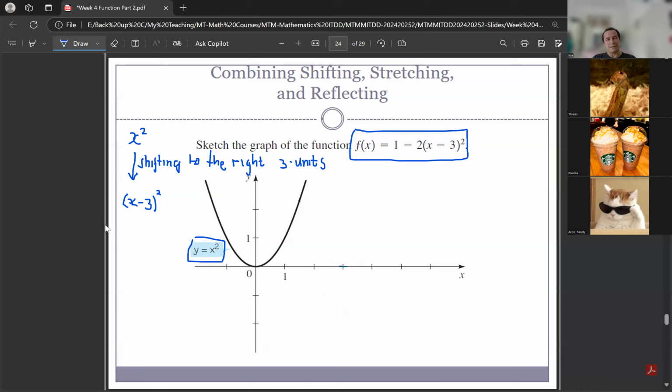After that, we multiply by 2. So we multiply by 2 and become 2 times (x minus 3) squared. What happened in this transformation? Shifting, reflecting, or stretching?